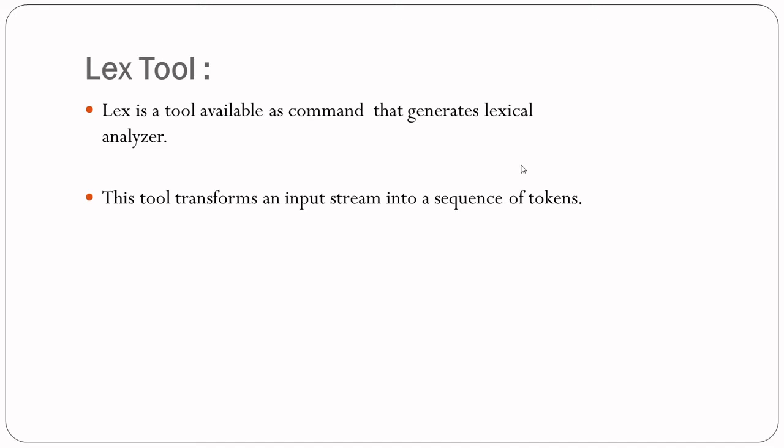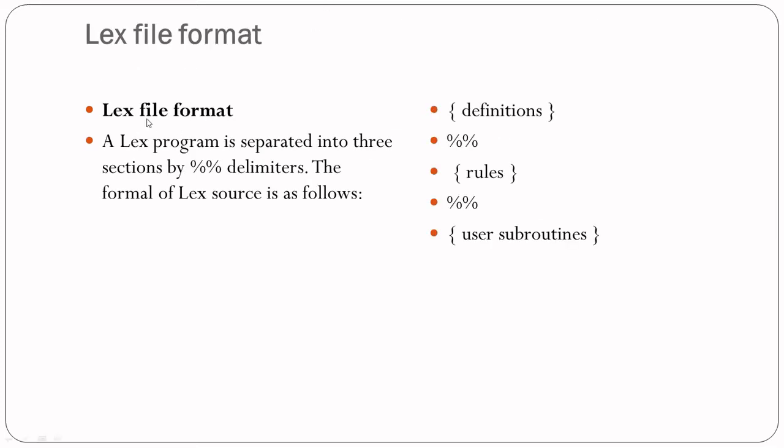Instead of writing a lexical analyzer, you can automatically generate it using the Lex tool. You just need to give a specification based on which the lexical analyzer will be generated. The specification will be given in some format. We call this the Lex file format. This format is divided into three sections: definition, rule and subroutine section.